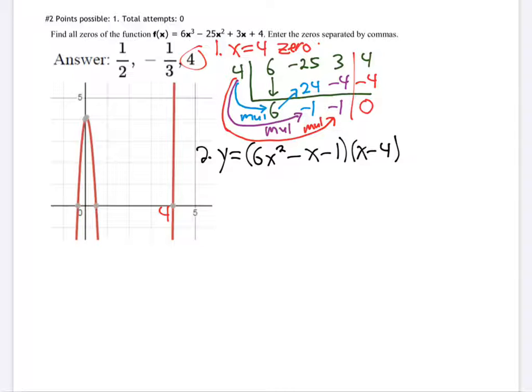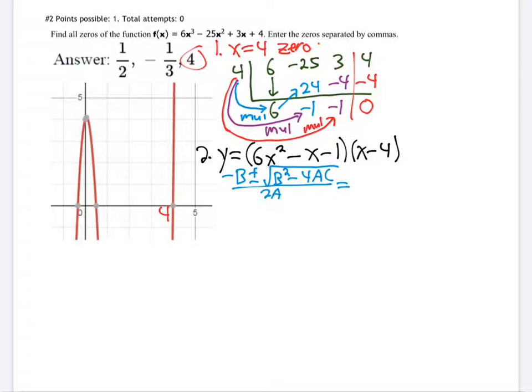Now you can try to factor that thing, or you can jump into the quad to finish off that x squared. There's 2 more zeros hiding in there, right? So I'll probably just go to the quad. That's going to be negative b plus or minus the square root of b squared minus 4ac, all over 2a.